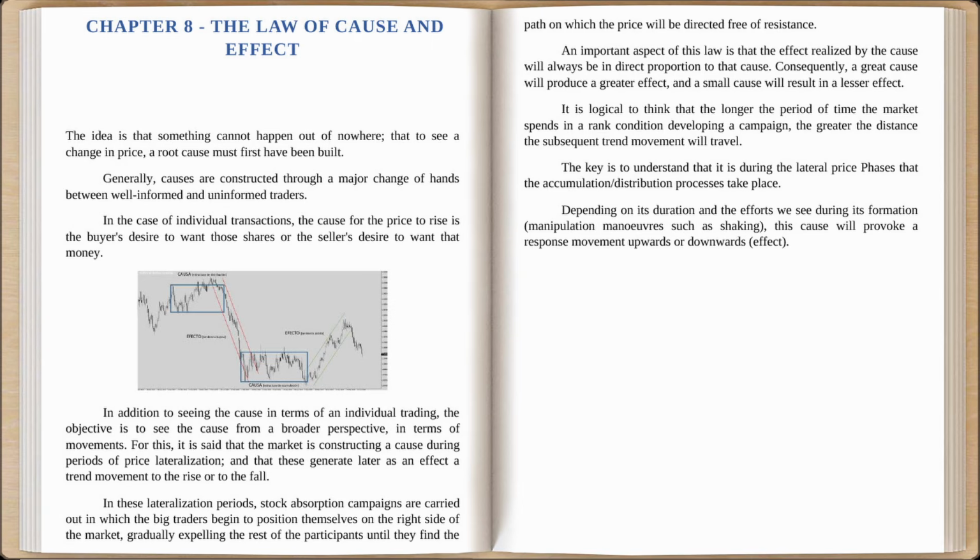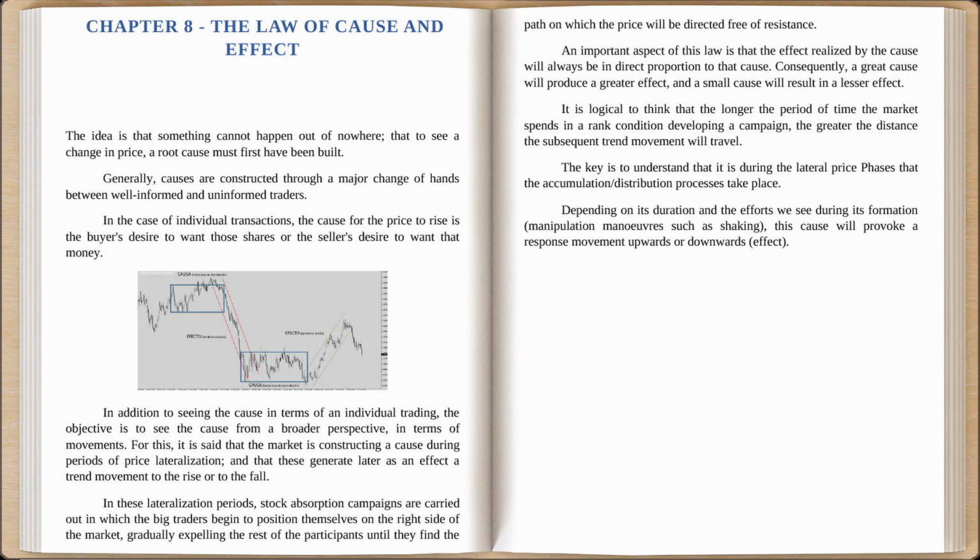An important aspect of this law is that the effect realized by the cause will always be in direct proportion to that cause. Consequently, a great cause will produce a greater effect, and a small cause will result in a lesser effect. It is logical to think that the longer the period of time the market spends in a range condition developing a campaign, the greater the distance the subsequent trend movement will travel.